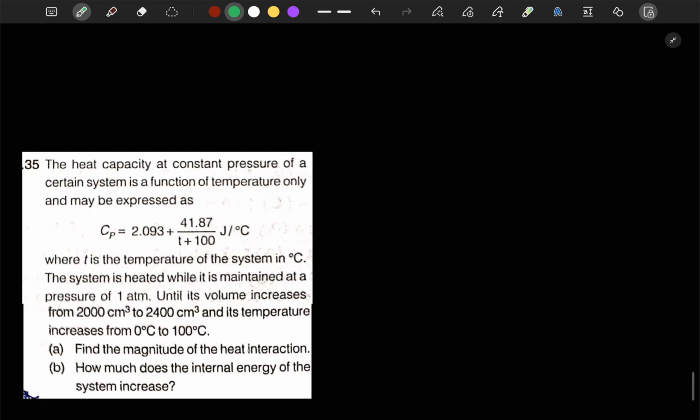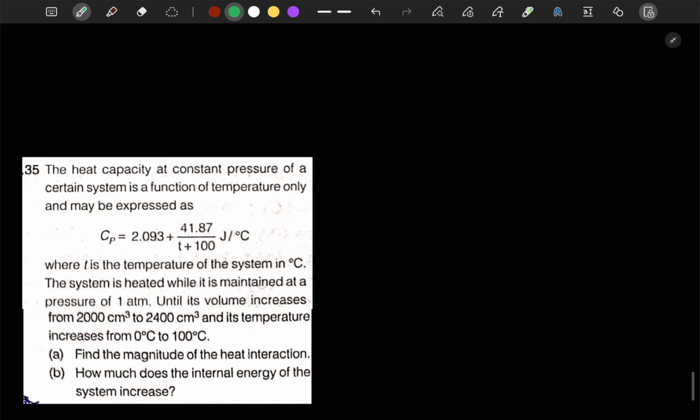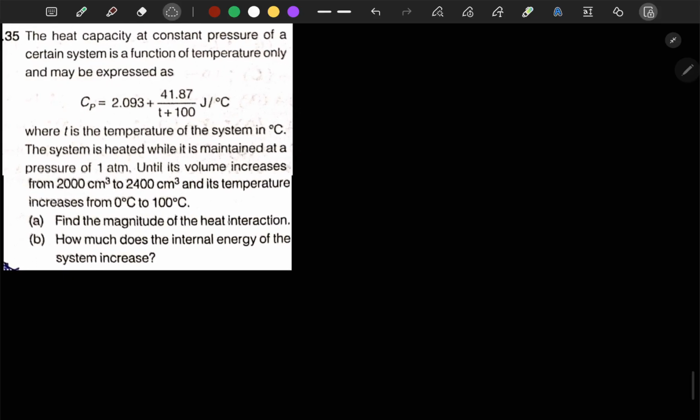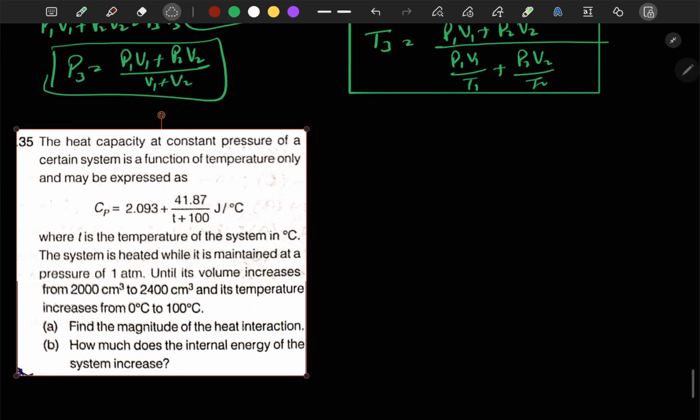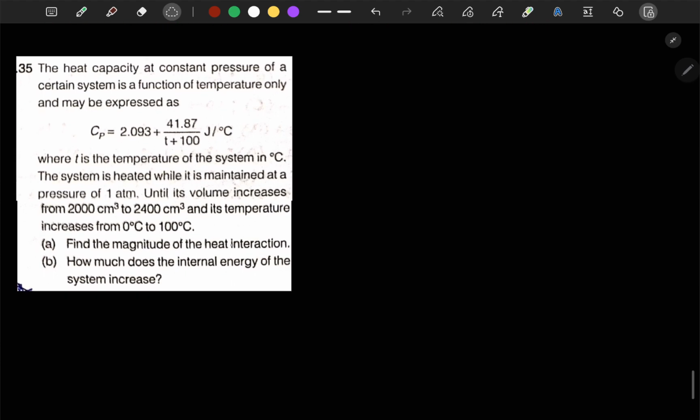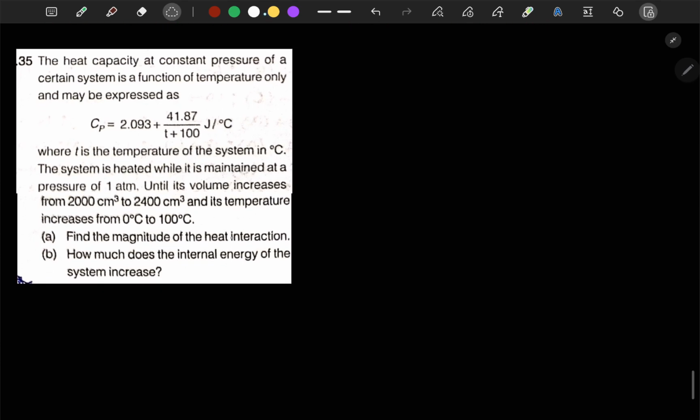Next, move to question number 35. The heat capacity at constant pressure of a certain system is a function of temperature only, as given by this formula, where T is the temperature in degrees Celsius.